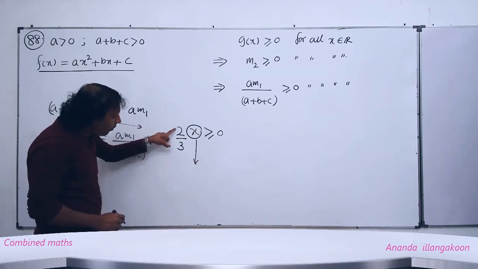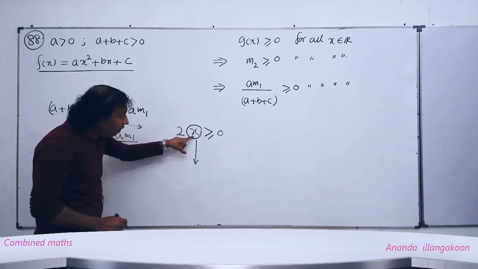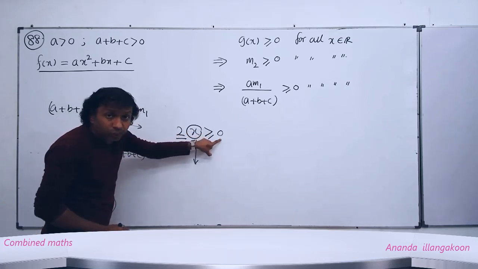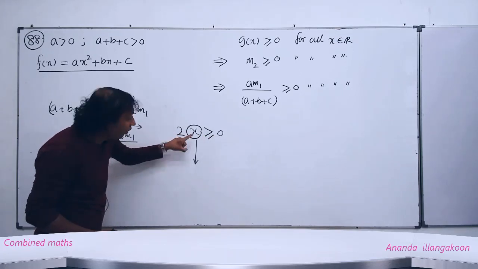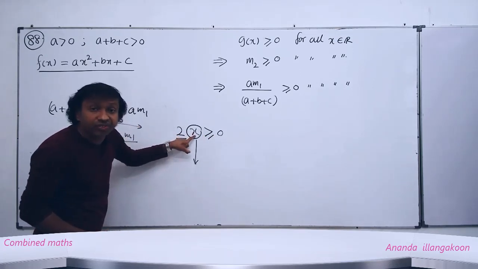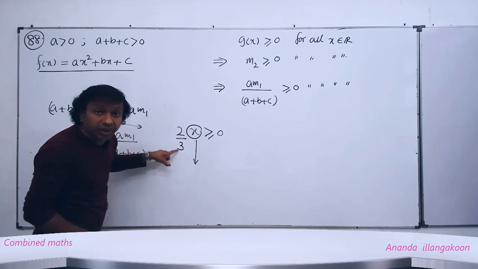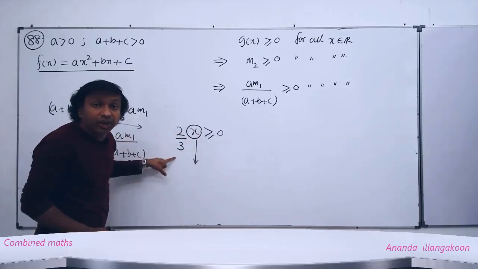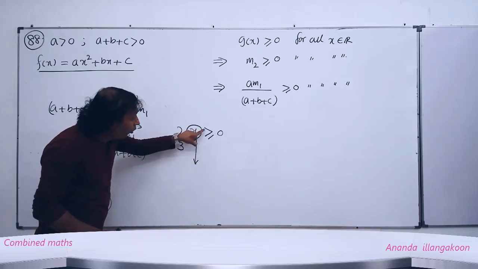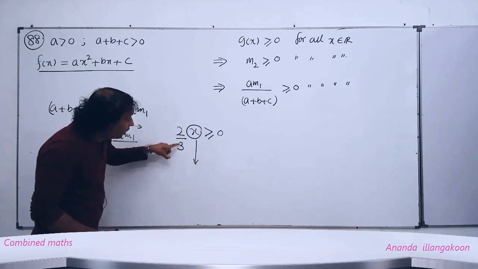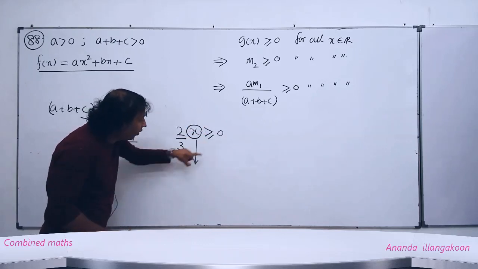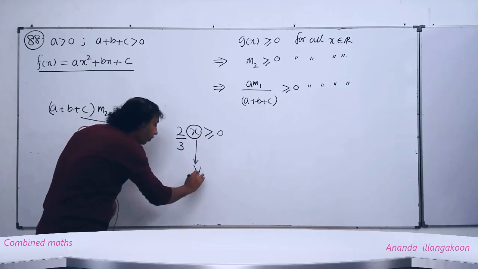For this answer to be positive, definitely x should be positive. Otherwise, if x is negative, suppose x is -2, 2/3 into -2 becomes negative, which means less than 0.